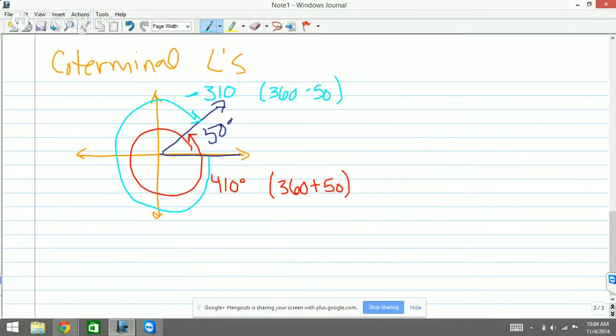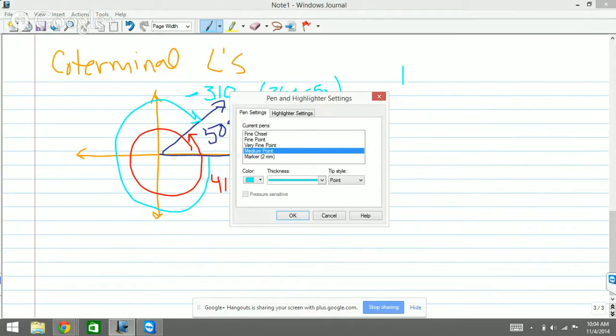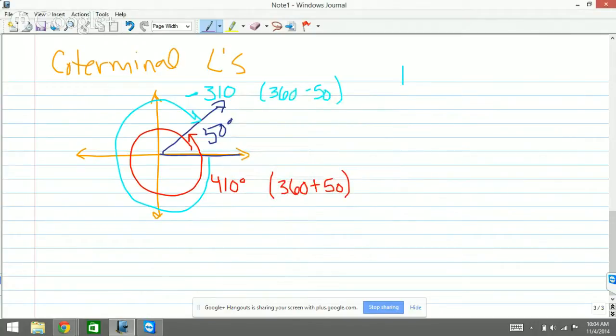to account for every single coterminal angle? You're thinking on the right track. It's the angle alpha plus 360 times k, where k is an integer.